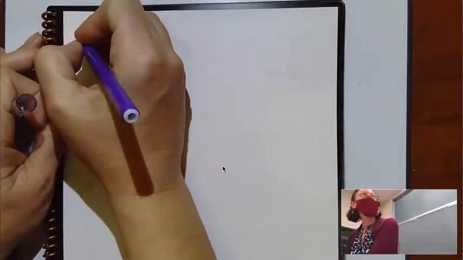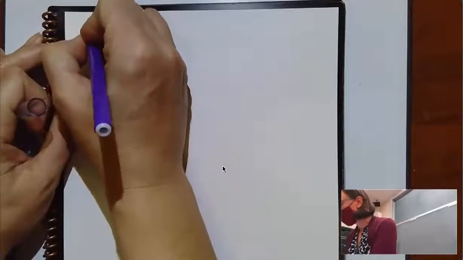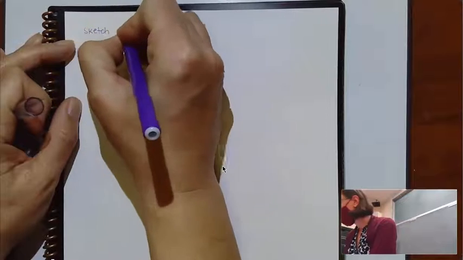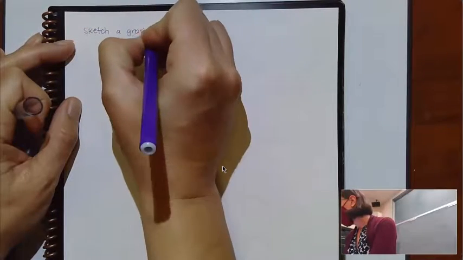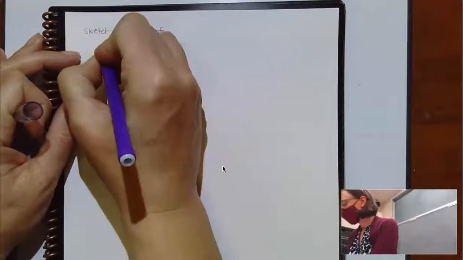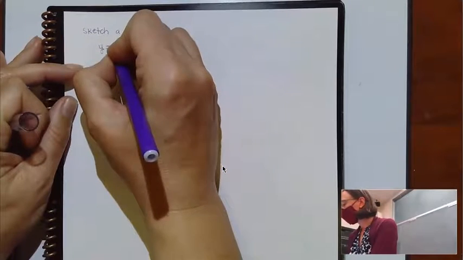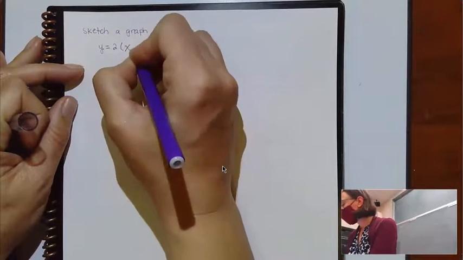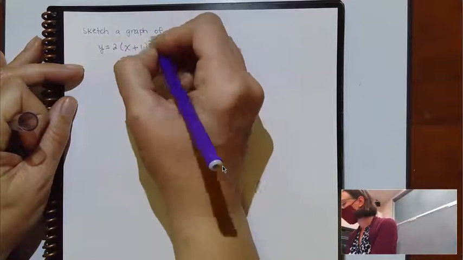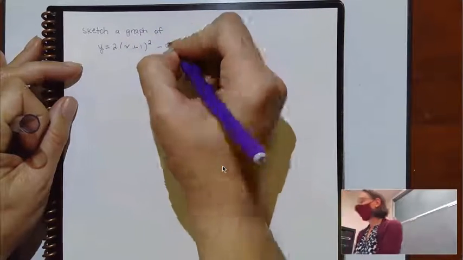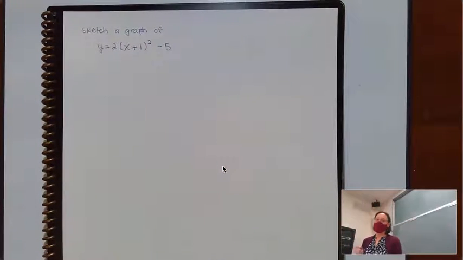So if I ask you to sketch a graph of, and now I'm going to give us one, let's say y is equal to 2 times (x plus 1) squared minus 5. Okay, so there's a question.